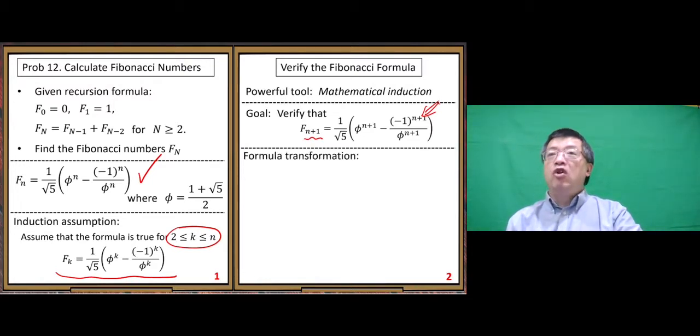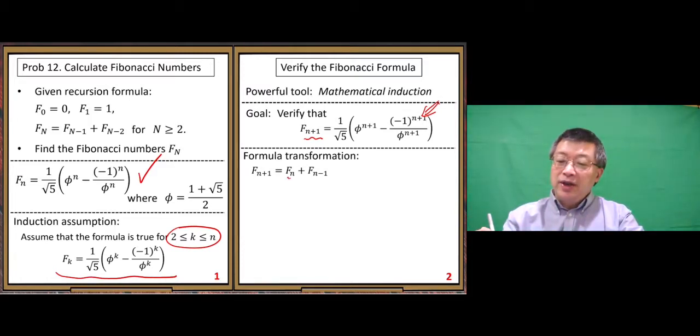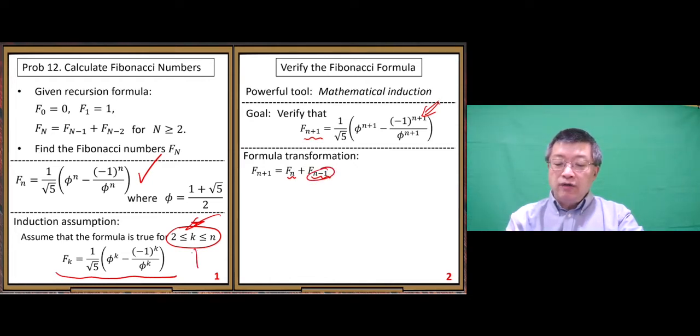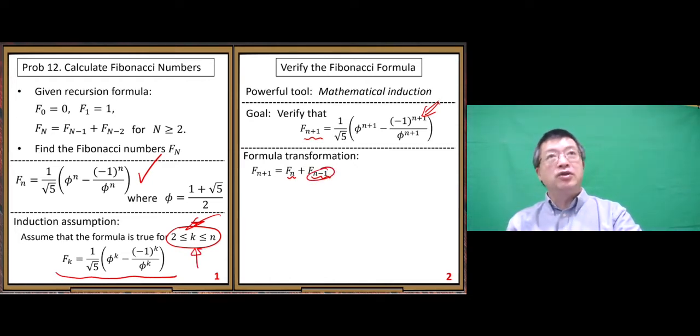Let's start formula transformation. First, we can apply the recurrence relation. But after we apply the recurrence relation, look at the number here, subscript n minus 1, and n minus 1 falls in this range between 2 and n, right?